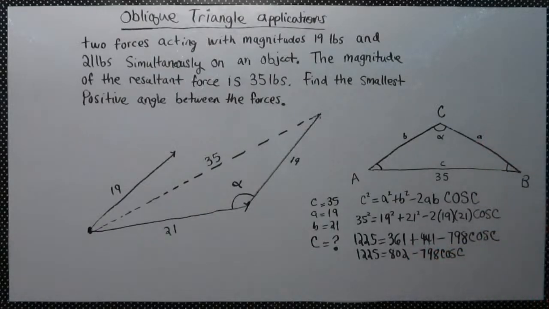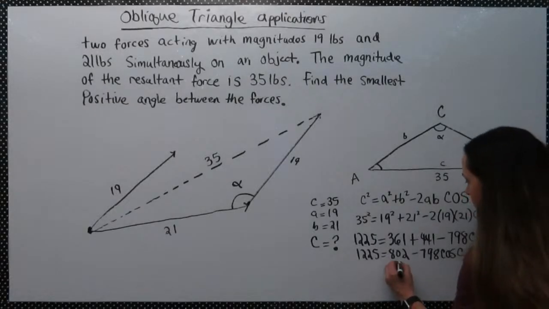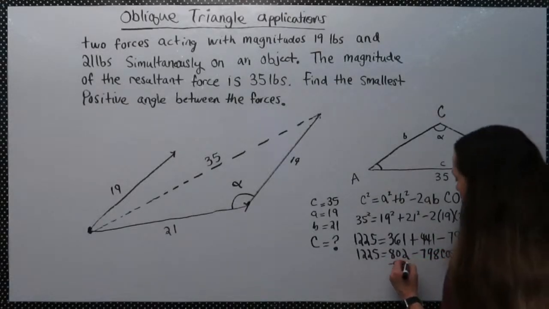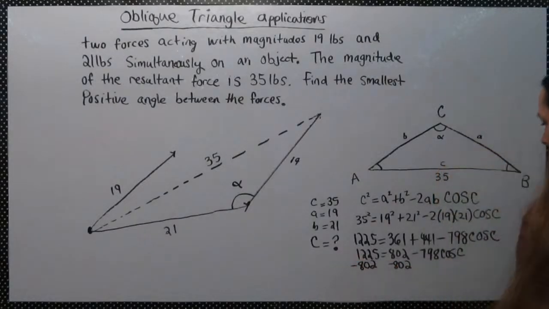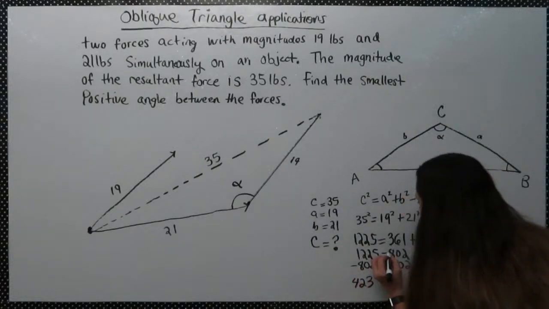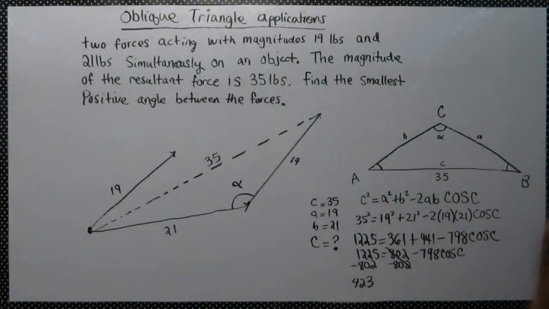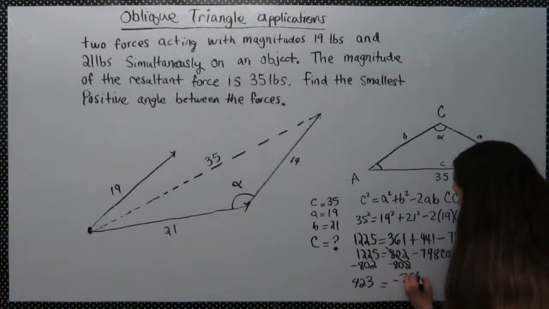So next step in solving for the cosine, we're going to subtract off this 802. So we've got 1225 minus 802, that's 423, and then you've got minus 798 cosine c.